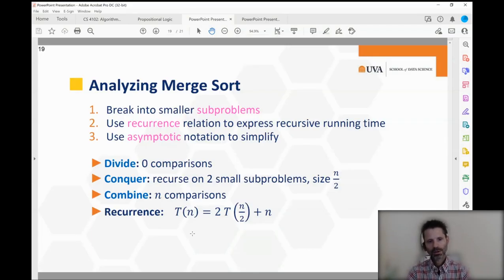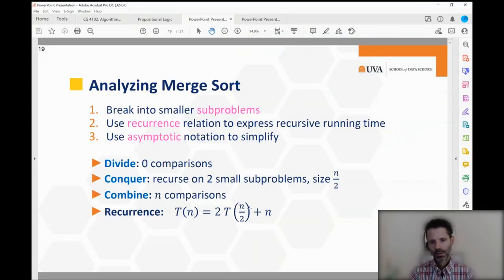If we were to derive a recurrence for merge sort, we would get T of n is equal to T of n over 2, and that's because we split up our list into two sublists, so the subproblem is of size n over 2, and then we have to solve each of those two, so it's 2 times T of n over 2, right? And then the time it takes to recombine the results is simply n, right? You simply have to scan through those two sublists and then put them in order as you merge and recombine the results. All right, so this is our recurrence for merge sort.